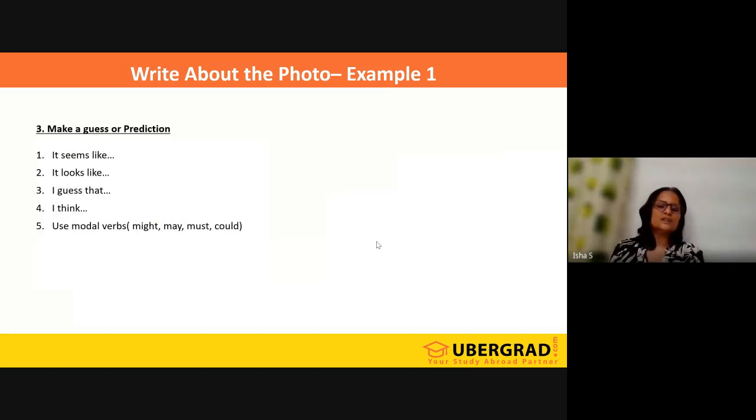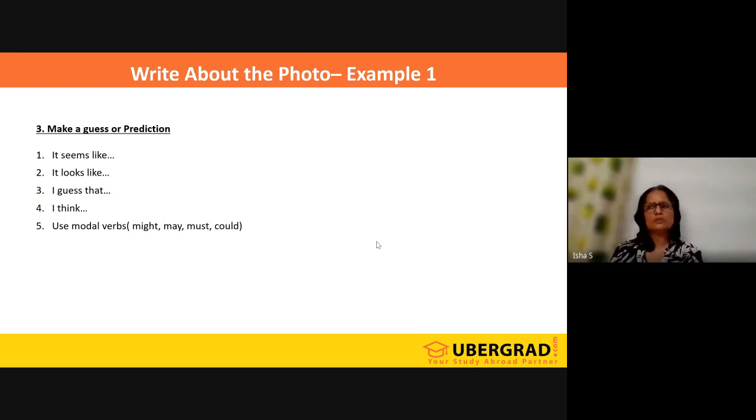Now there are certain predictions that you have to make. To make predictions, you can use statements or phrases like: it seems like, it looks like, I guess that, I think. Here you can use modal verbs. I hope you know all the modal verbs: may, might, must, could. There is a slight difference between may and might.